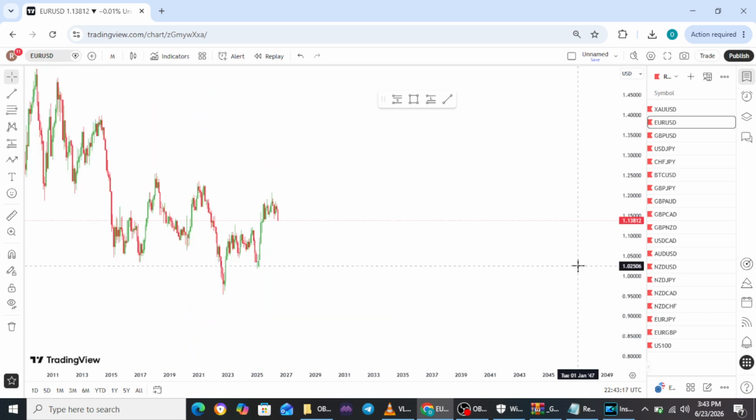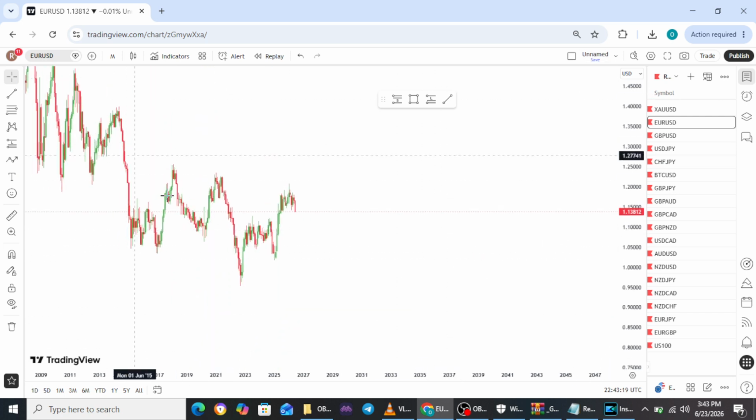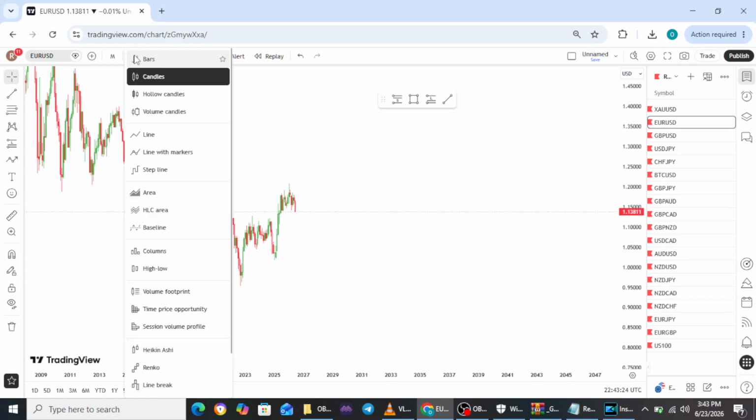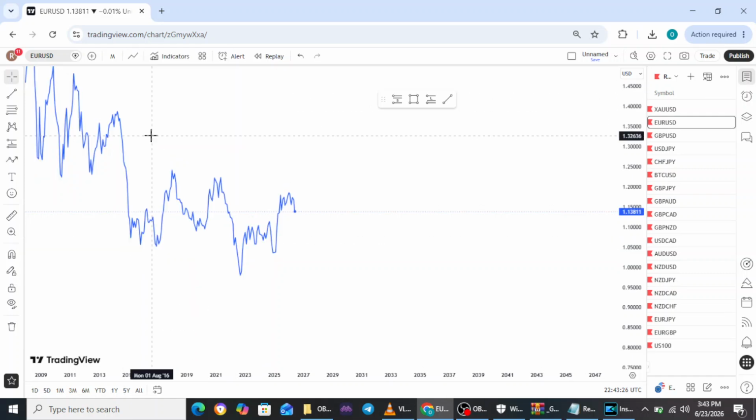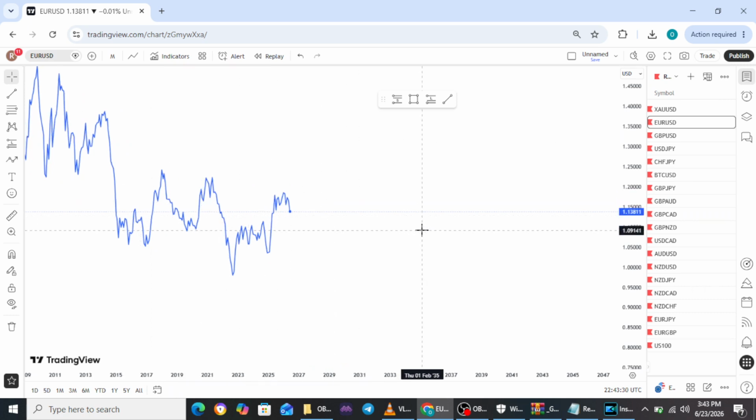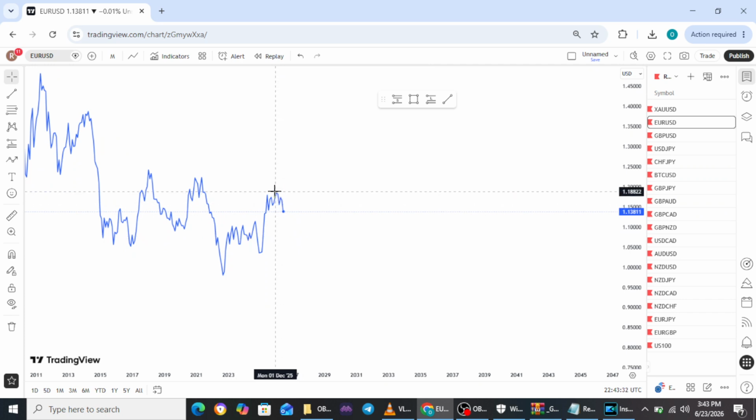Start your analysis from the monthly time frame. And for you to get your structure right, I recommend you use your line chart. Now, your focus should be at this bent area.